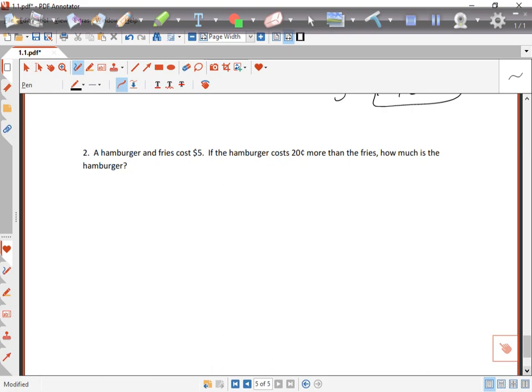Another way we could do it is we could play with the money. We could say, well, I have a total of $5. I'm going to divide that by 2. That gives me $2.50. So if they were the exact same cost, they would cost $2.50. However, there's a 20-cent difference between the two. So what I'm going to do is take that 20 cents and split it in half. So $2.50 minus half of that, 10 cents, would be $2.40.